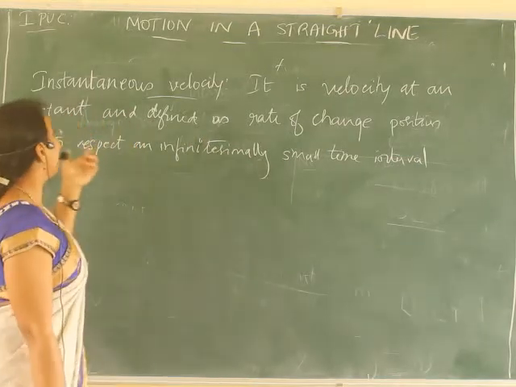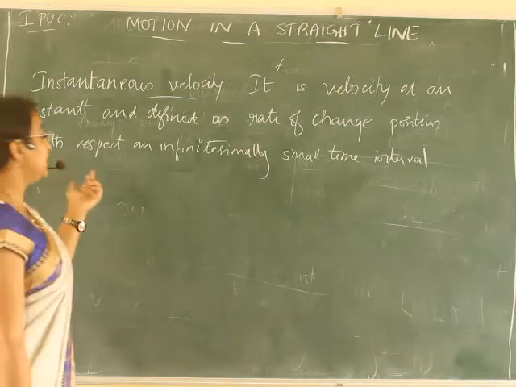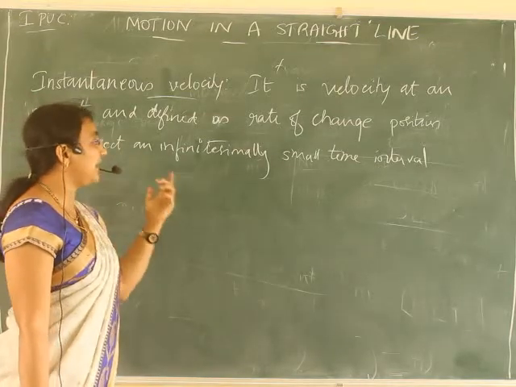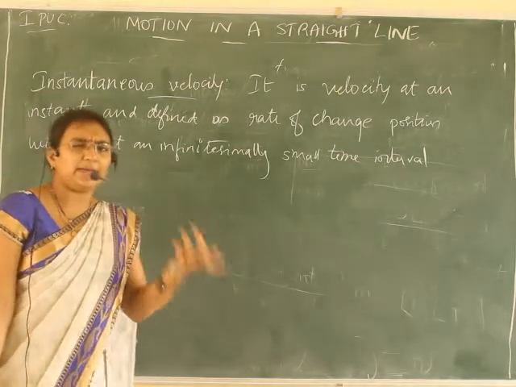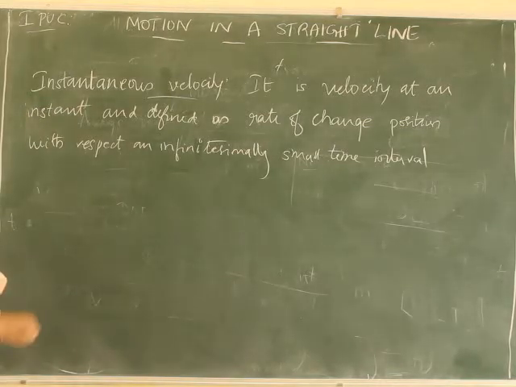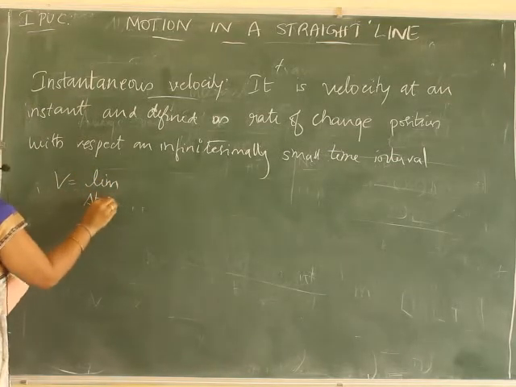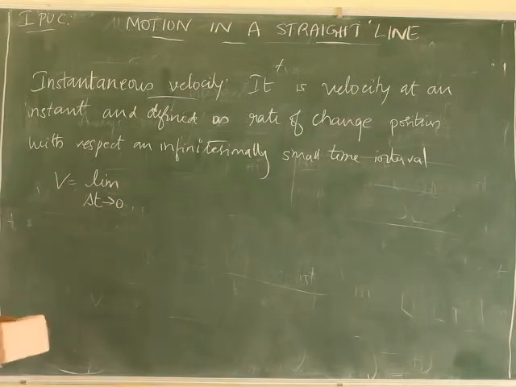So I will say that it is nothing but instantaneous velocity. Instantaneous velocity means what? It is defined as rate of change of position with respect to an infinitesimally small time interval. So that is nothing but a limit, correct? You have to see the limit, so that is the time interval. So in equation format, we will write it as v is equal to limit as delta t tends to 0 of delta x by delta t. It is not equal to 0, but it tends to 0.